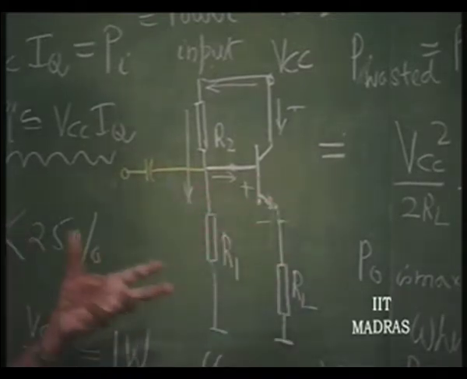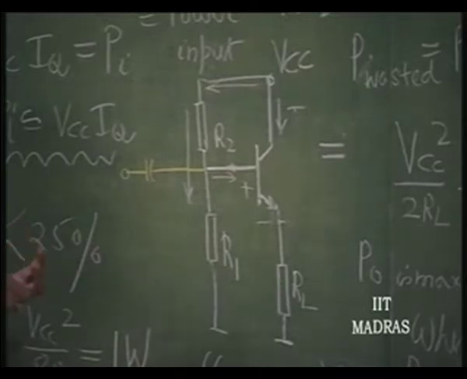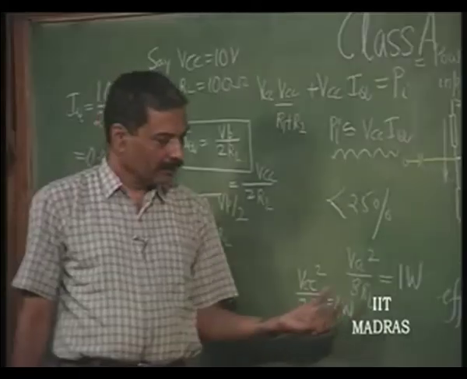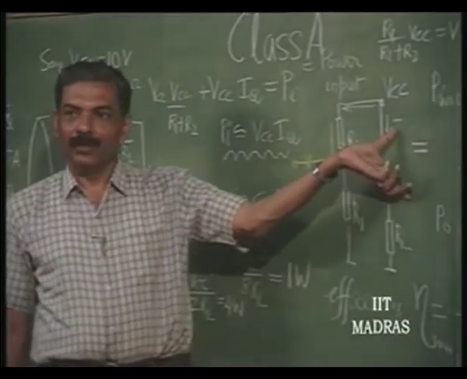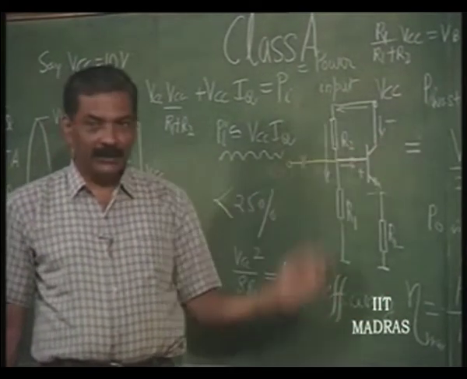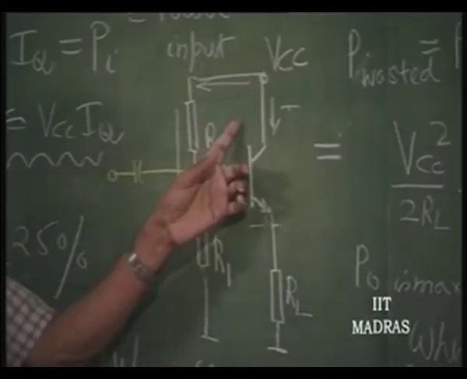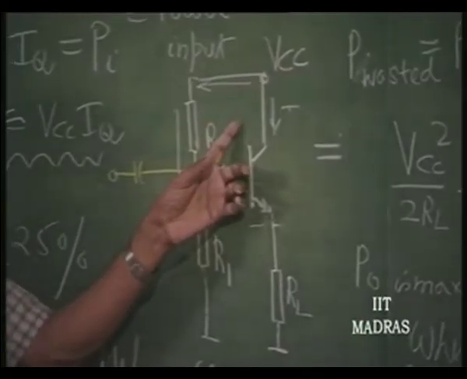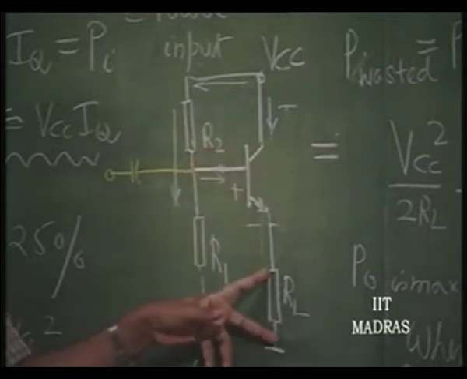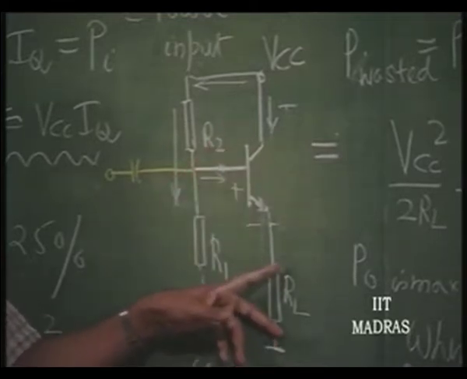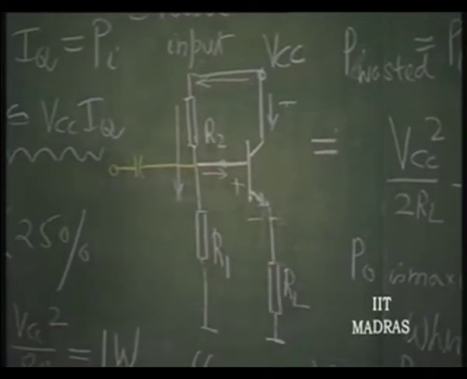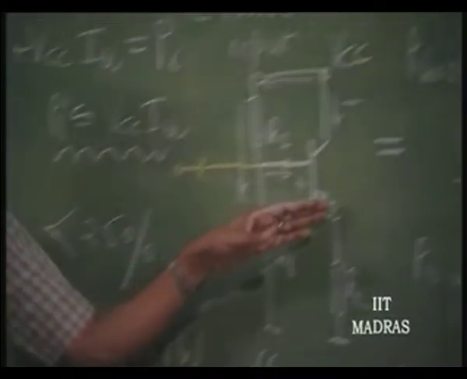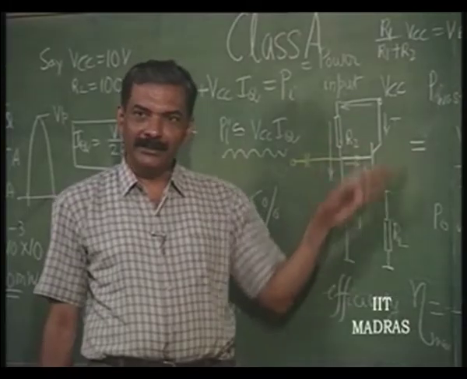So, the transistor that you have to use for delivering 1 watt should be rated for 2 watts, but the circuit actually is going to dissipate 4 watts under quiescent situation, because that is a DC power that is going to be dissipated here. So, this DC current is flowing in addition to the AC current.